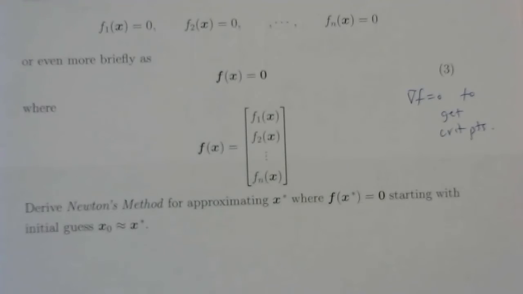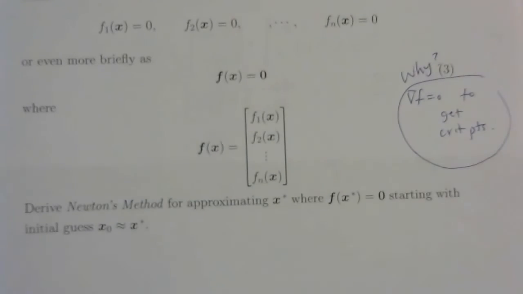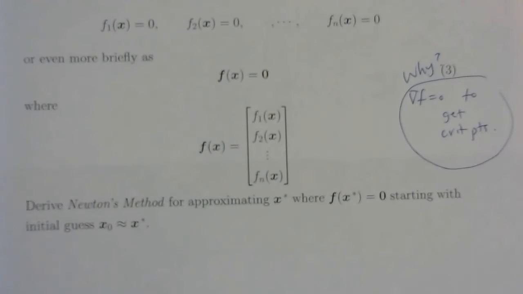The idea is that I want to do that to find critical points of multivariate scalar valued functions. And so I'm going to learn how to do it using Newton's method, or I will learn how to approximate these roots, which are actually critical points of some other function. Hopefully that motivation makes sense.